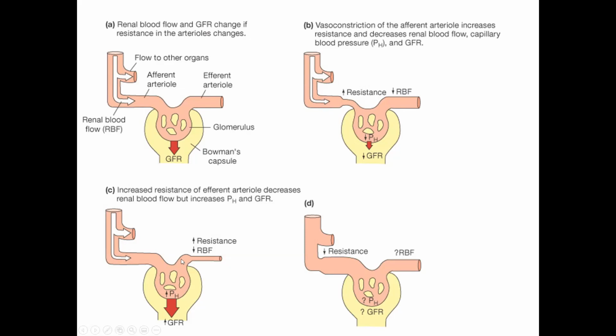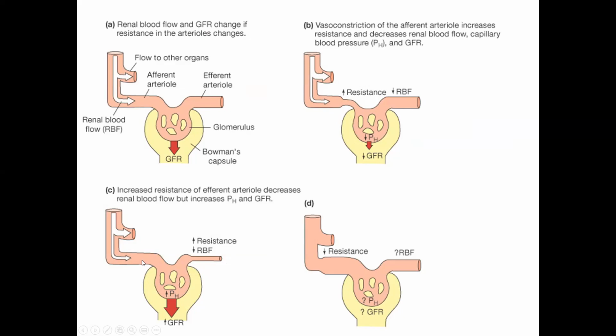In this case, if you do the opposite, this is what's called vasocongestion. You decrease outgoing, maintaining ingoing, the hydrostatic pressure here rises, and you increase GFR. Now, what's more interesting is what we're trying to do in the body is not to increase or decrease GFR, but maintain it.